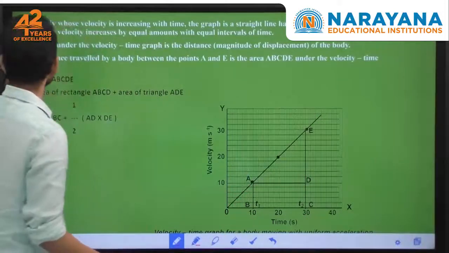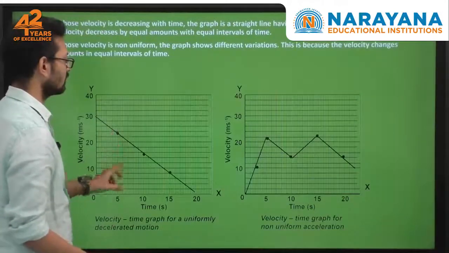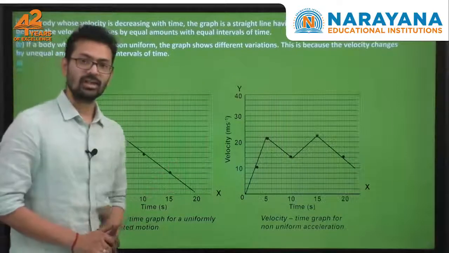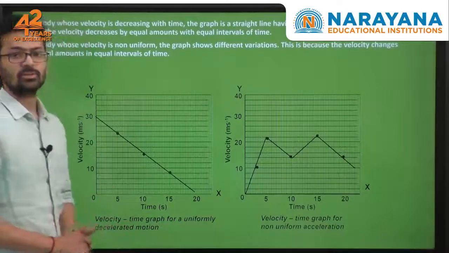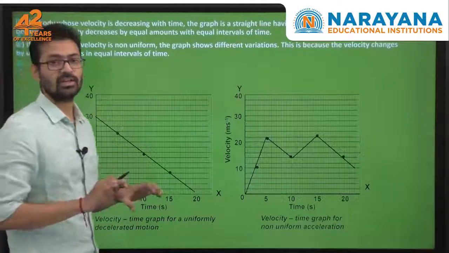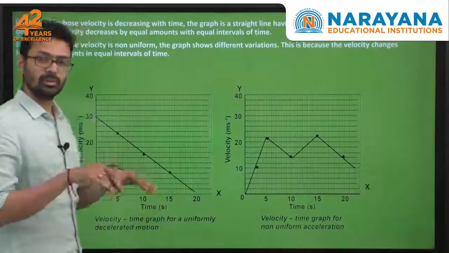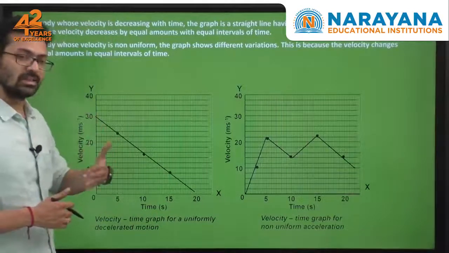Now let us get into the next problem. These are two different graphs which represent the velocity-time graph of a uniformly decelerated motion. For example, when you are riding your vehicle and you reduce your speed by applying brakes, your vehicle's speed continuously comes down.